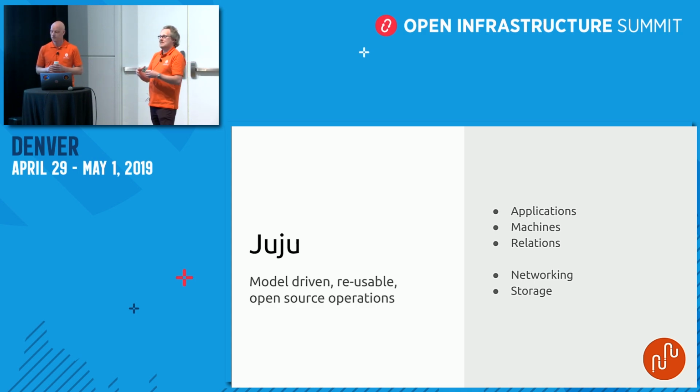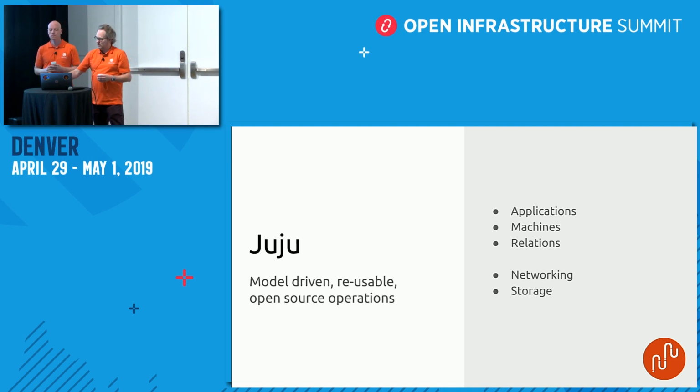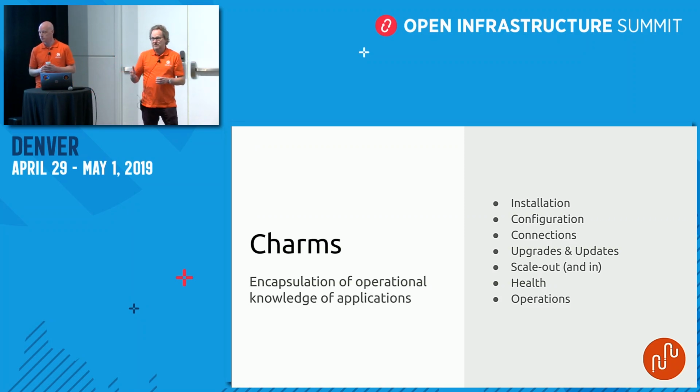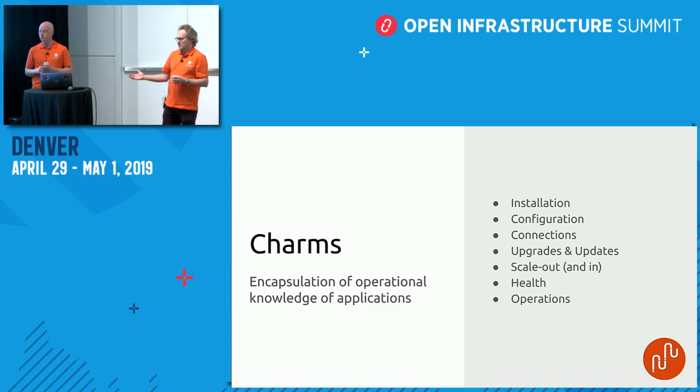Juju basically deploys the Charms for us. If you think of other technologies, the Charms would be like an Ansible playbook to Ansible, or Puppet modules to Puppet. So the Charms are what Juju actually deploys. Charms are the encapsulation of the operational knowledge of each part of the application that forms a model.